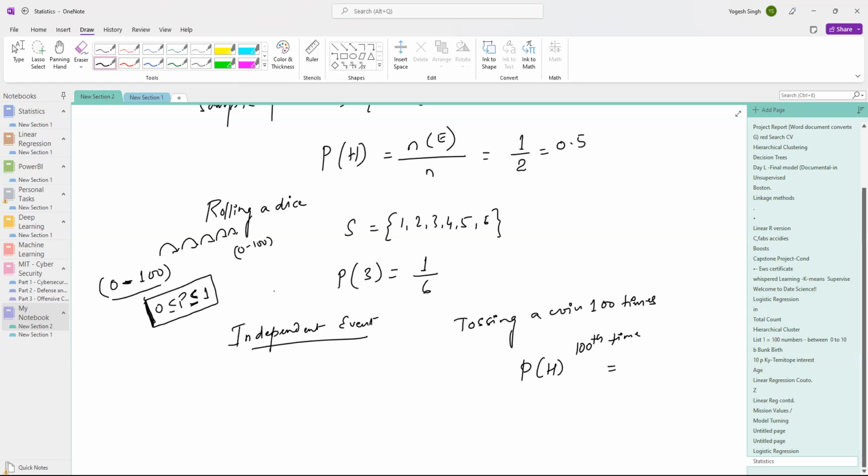Okay. Now tell me कि अगर मैं किसी कॉइन को 100 बार टॉस कर रहा हूं तो 100th टाइम में उसका प्रोबेबिलिटी कि वो हेड दे क्या होना चाहिए? 1/2. Okay. And why 1/2?